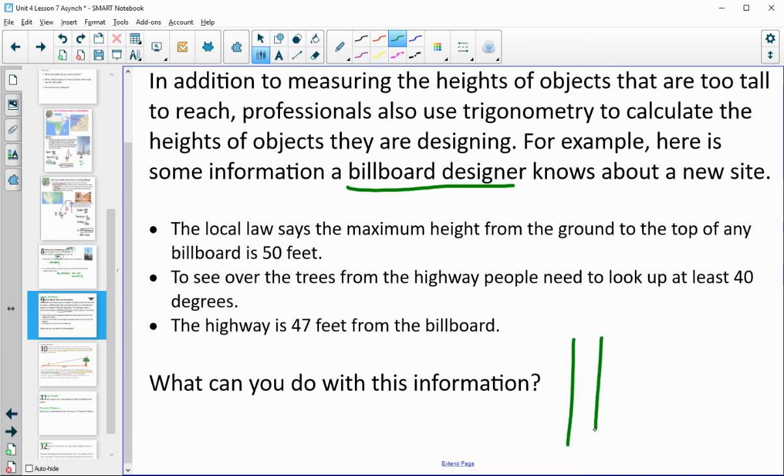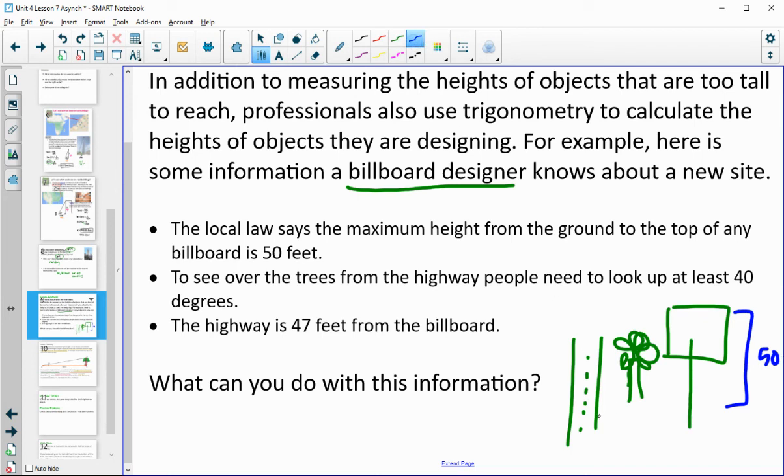Okay, so you're kind of thinking about, here's the car driving, okay, down the road. How high are the trees? Okay, so that you can actually see this billboard, but the billboard can't be more than 50 feet above the ground. Okay, thinking about how far this billboard is away from the road. Okay, so 47 feet in this case from the road in order for the driver to see over this tree.